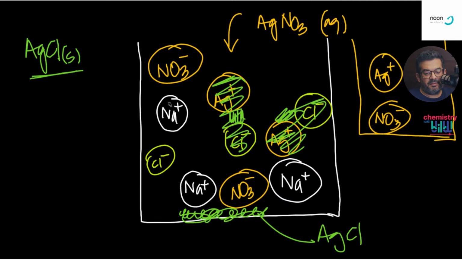And the rest of the solution is left with sodium nitrate. Because what happened is the silver that came met the chloride from sodium chloride and precipitated, PPT'd.